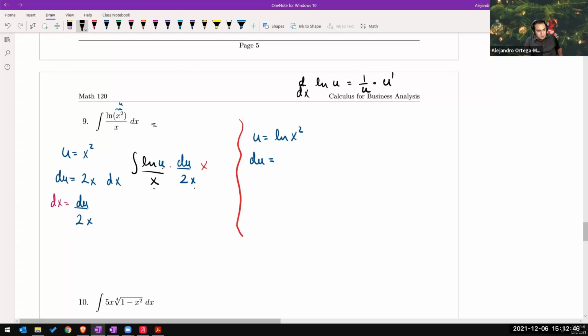So in this case, the derivative of the ln of x squared is going to be 1 over the inside times the derivative of the x squared. That's 2x. So our du is equal to, going to cancel one of the x's here, so it looks like it's 2 over x dx.